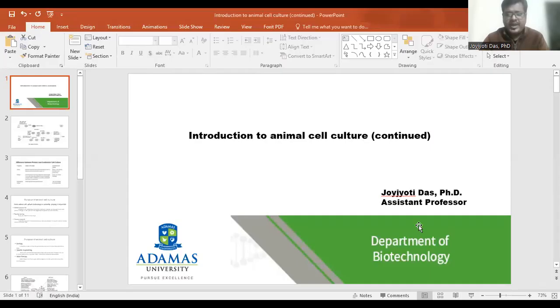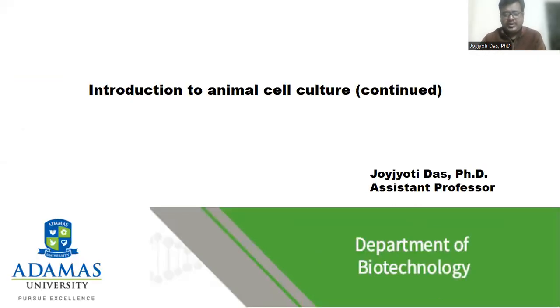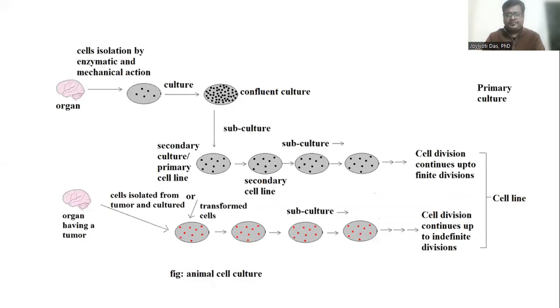And in our last lecture, we began with a discussion on the animal cell culture and what we mean by animal cell culture. So we ended with this particular schematic showing the various forms of animal cell culture.